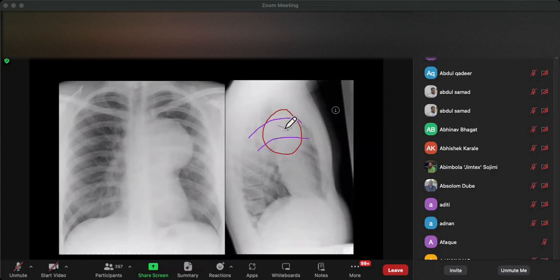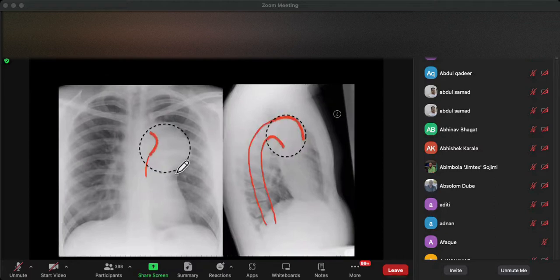So you don't see the aortic knuckle because this mass lesion in red is superimposed over the aortic knuckle, which is in purple. So you just don't see it. And because it's so big, it also obliterates the left heart border. And this turned out to be a dermoid cyst, but it was so large that it involved both mediastinal compartments.